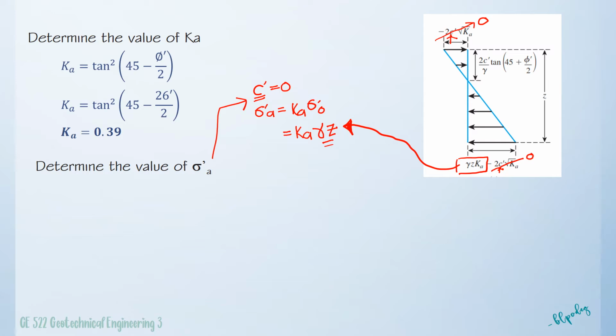But since in this particular problem the soil is cohesive, we have a value of cohesion, so we will be completing the equations to be used. Let me just erase this part.